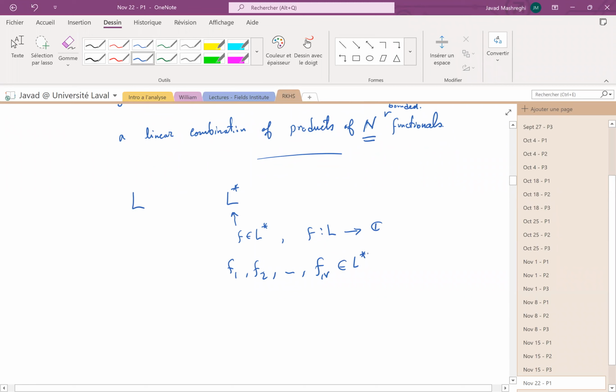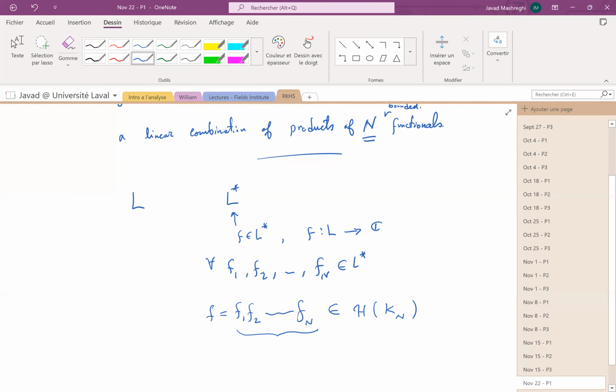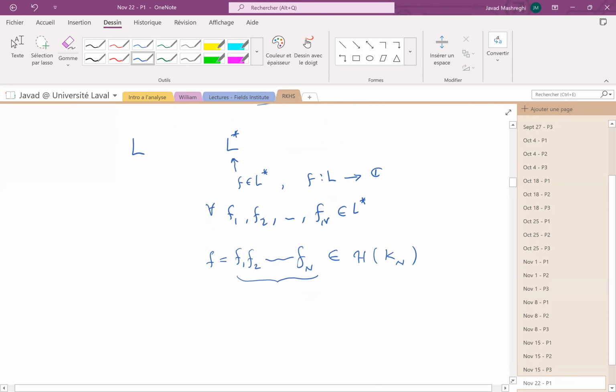You multiply them together, so they are arbitrary: F1, F2, up to Fn. That's a function, call it F. This is in H of K_n. And of course, I talked about linear combinations because if a combination like this is in H(K_n), and you form another combination, then the sum with arbitrary coefficients is also in this space. So the important part is this one: why multiplying n functionals is in this space.